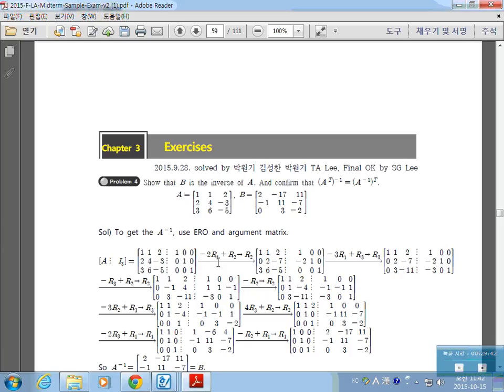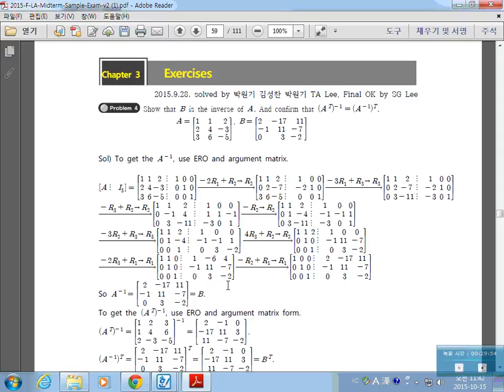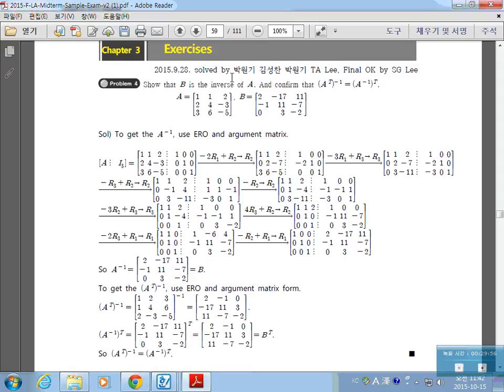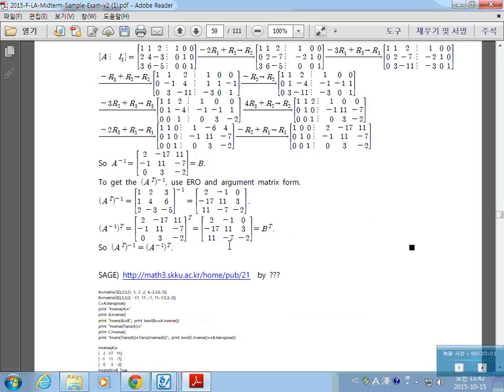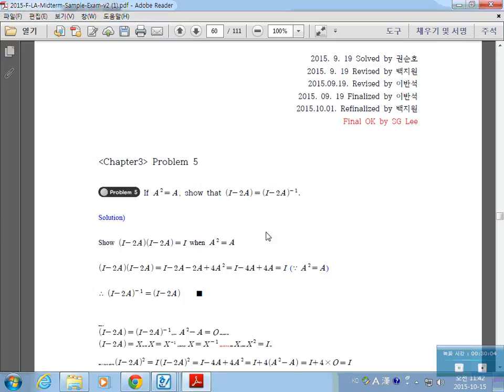This shows a little bit of the concept of Cayley-Hamilton theorem, because it involves the characteristic polynomials. Here, you can compute the A transpose and A inverse, and this is a problem that shows some relationships.